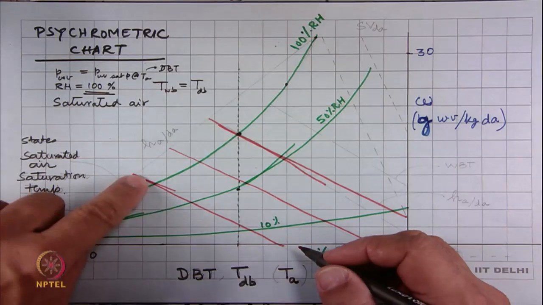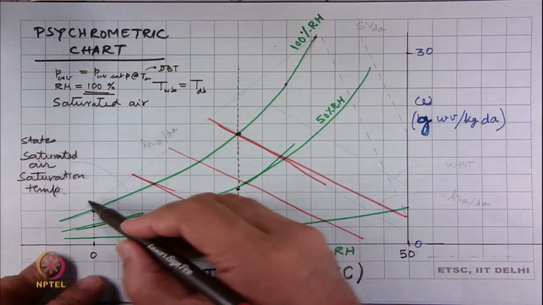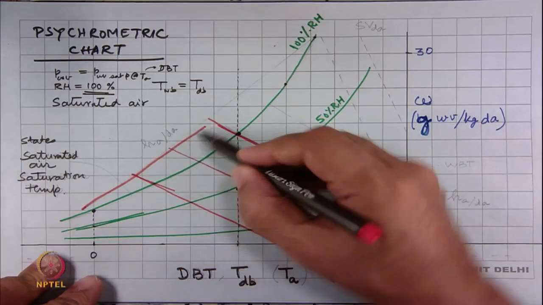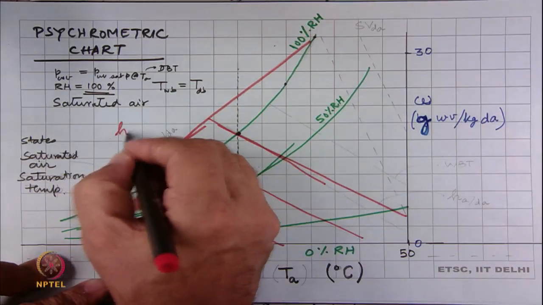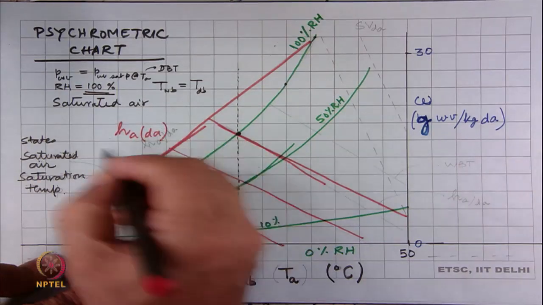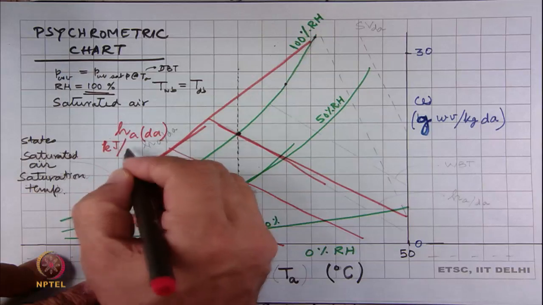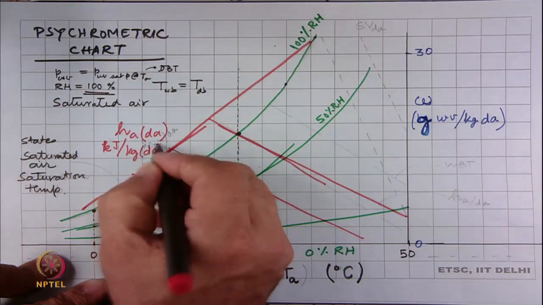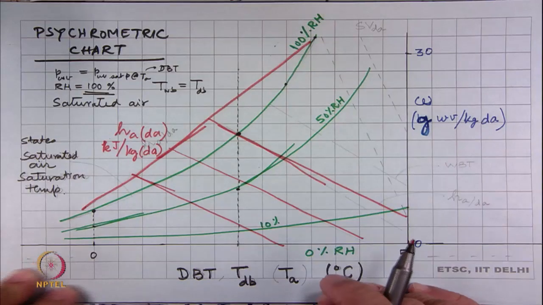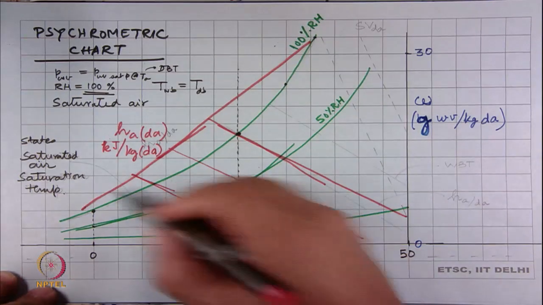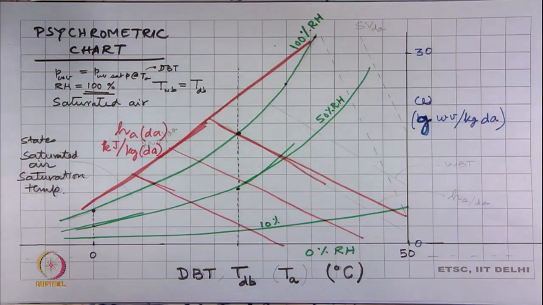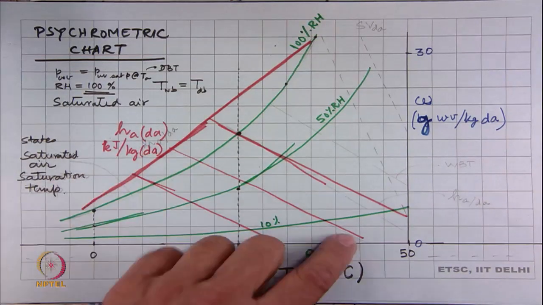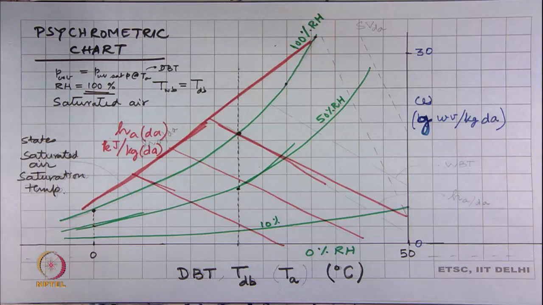And since it is the same value here, the axis for enthalpy is made on this side, and this is HA on dry air mass basis, kilojoules per kg dry air. This is the particular line that we got, and that was the basis why these lines are sloped like this and why they are straight. Like this there are a whole bunch of lines that we get.